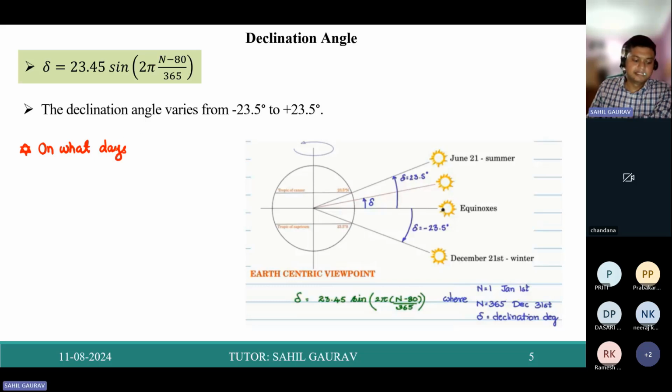On what days does the declination angle become zero?